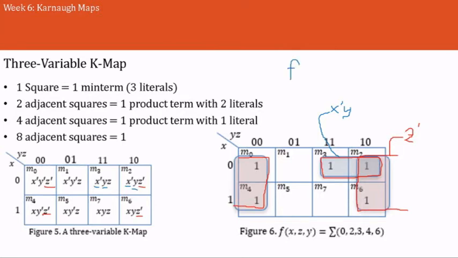So that is y. And if we are going to look at the value of z for M2 and M3, this one is z for M3 and M2 is z prime. Since there is a change, they have different values of z, so z will be cancelled out.